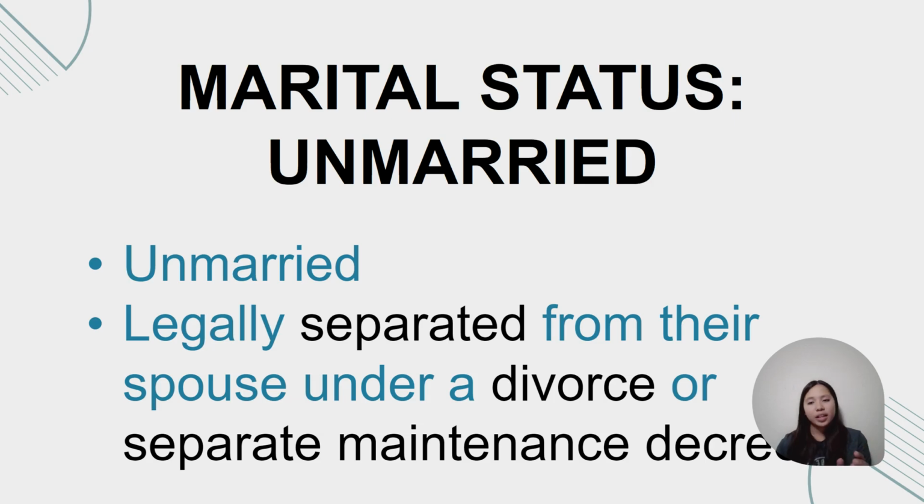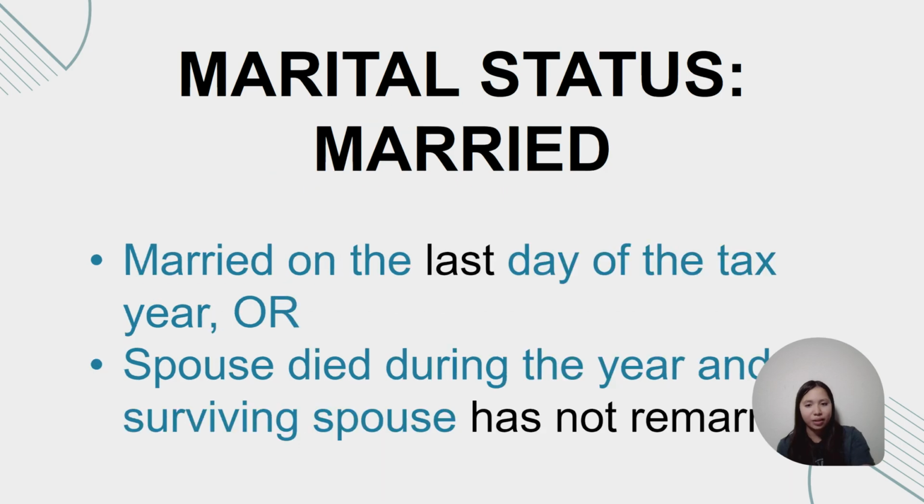Now, first, to classify any taxpayer into one of these statuses, you have to answer the question of whether they are unmarried or married. Unmarried means that you are legally separated from the spouse under either a divorce or a maintenance decree. That means you are not legally married in the eyes of the law. Married is the opposite.